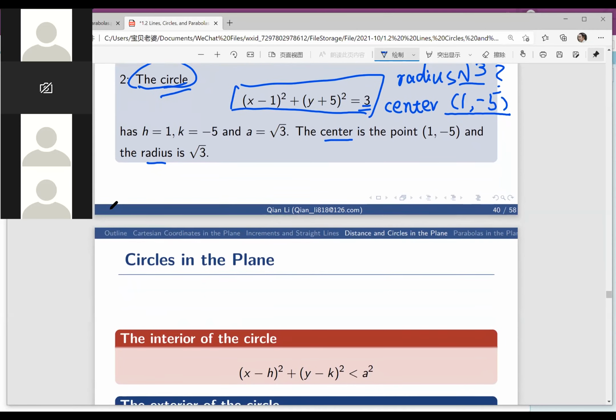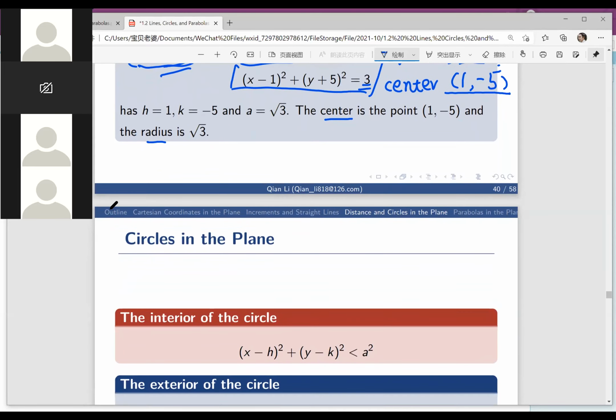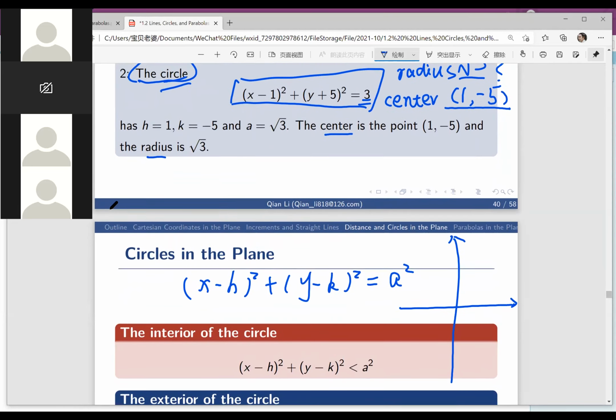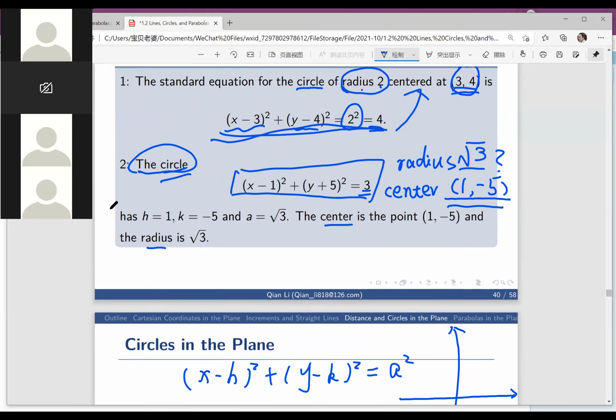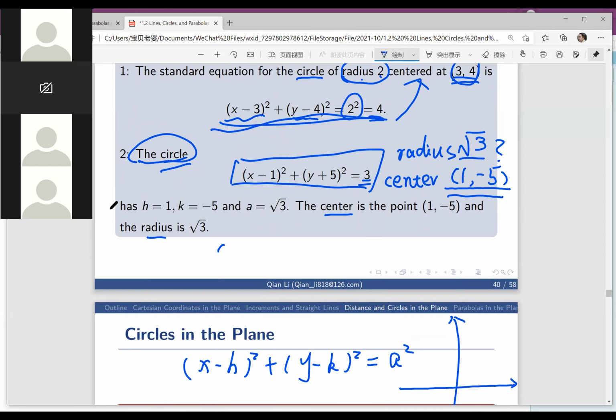Okay, let's see, if there is a circle (x minus h) squared plus (y minus k) squared is equal to a squared, this is the equation of the circle, right?